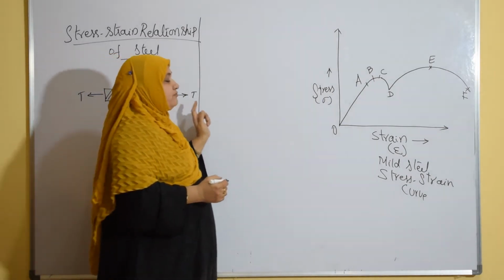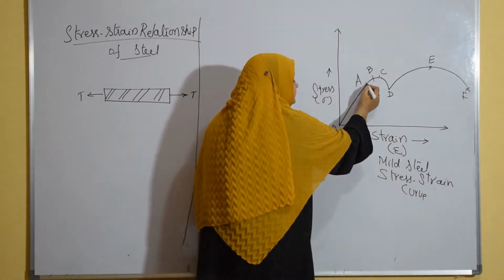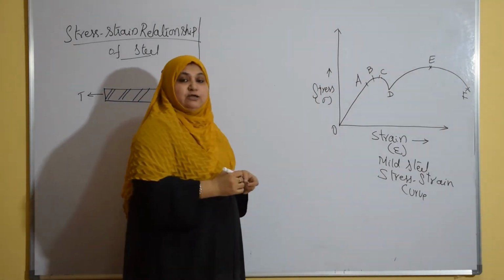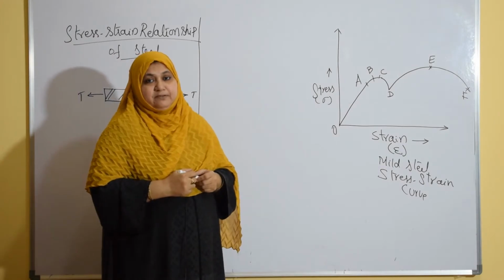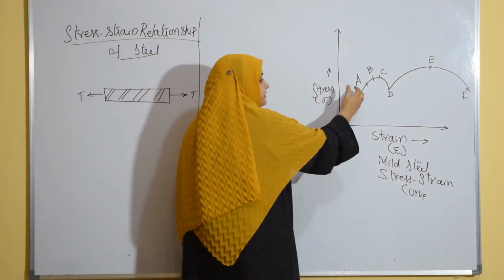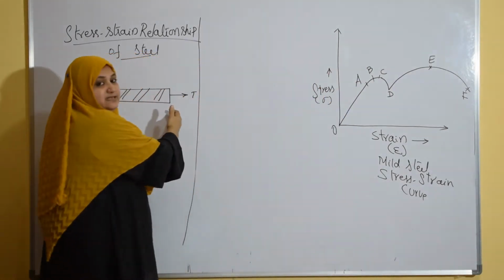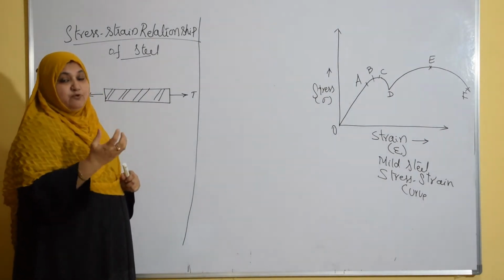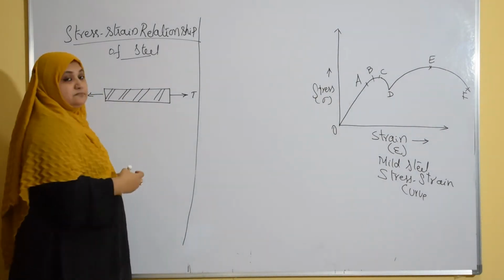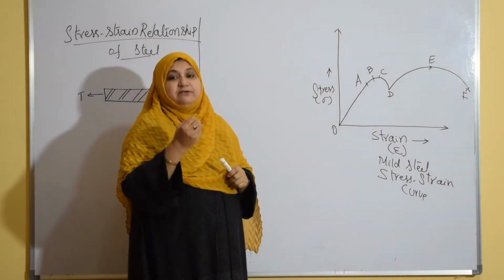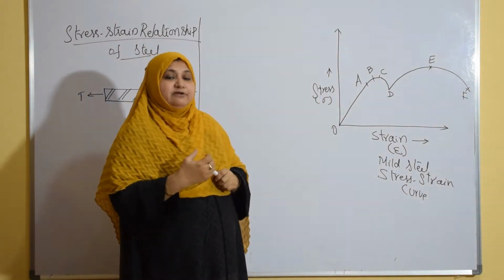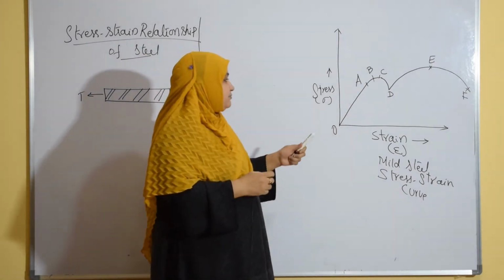What it means is, when you remove the load at A, the material regains its shape. That means between O and A, the material is elastic. When you remove the load at point A, the material will regain whatever deformation or elongation has taken place. So that is proportionality.